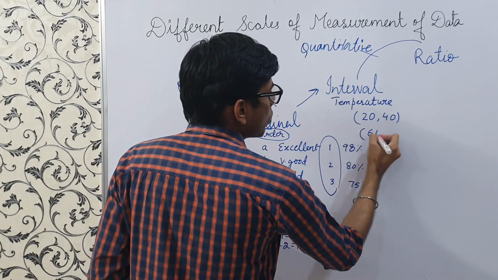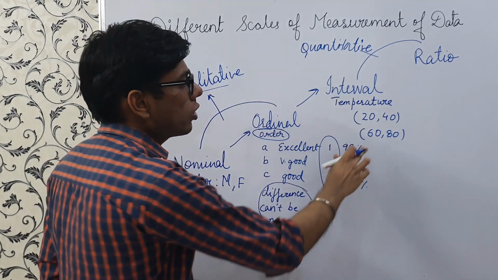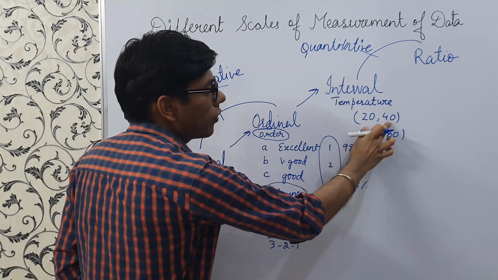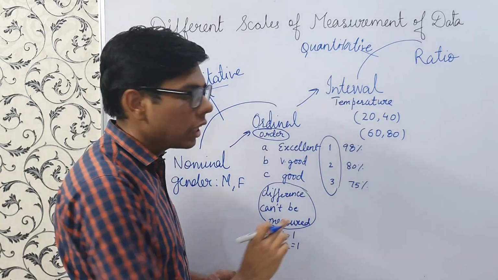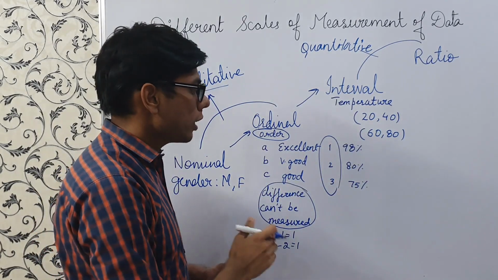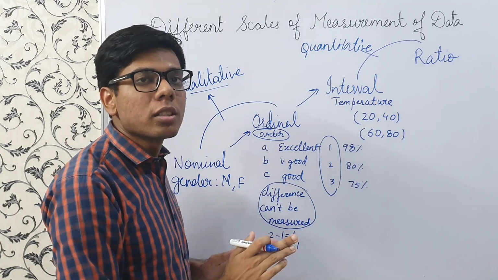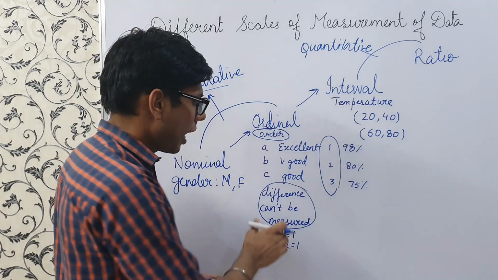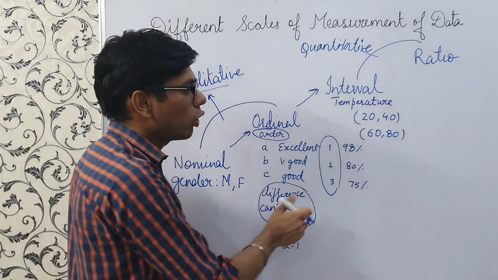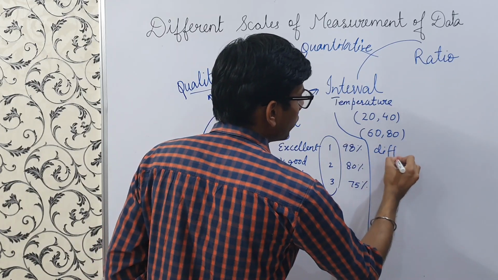And suppose there is another temperature range that we are taking, 60-80. The difference of 40 minus 20 is 20, and the difference of 80 minus 60 is also 20. So both differences are the same, 20 degrees Celsius. As we were saying that differences cannot be measured for ordinal, but here the difference can be measured.